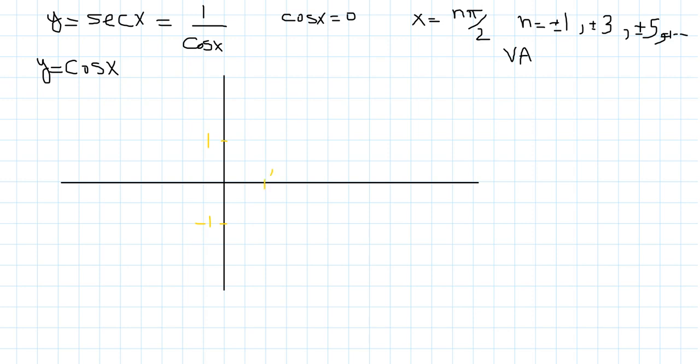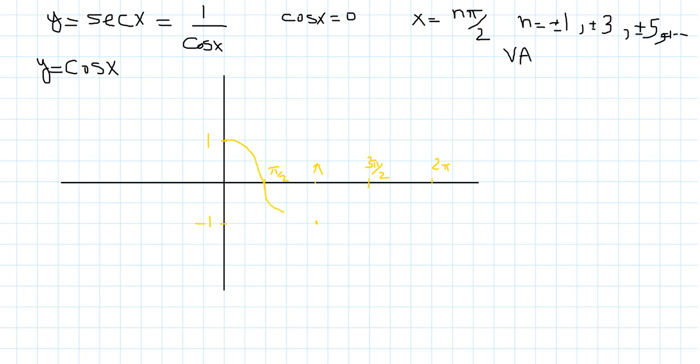It means on pi over 2 I have cosine 0, and on 3 pi over 2 again I have cosine 0, and on pi I have the minimum point, and on 2 pi I will have the maximum again.